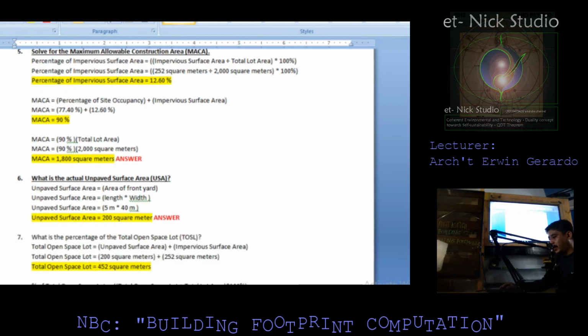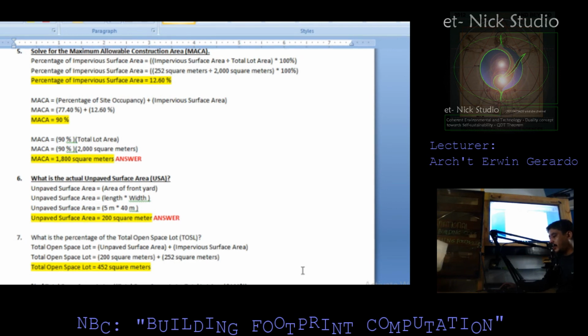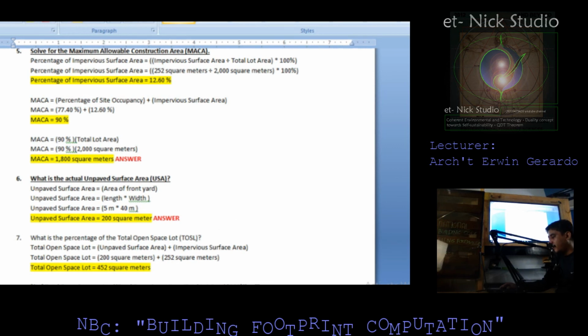So what is the percentage of the total open space of the lot? Abbreviated as TOSL. So the total open space lot is equivalent to unpaved surface area plus impervious surface area. So the total open space of the lot is equivalent to 200 square meter plus 252 square meter, which is actually the impervious surface area.